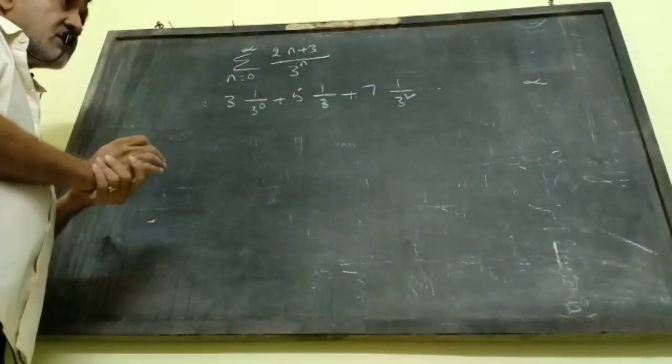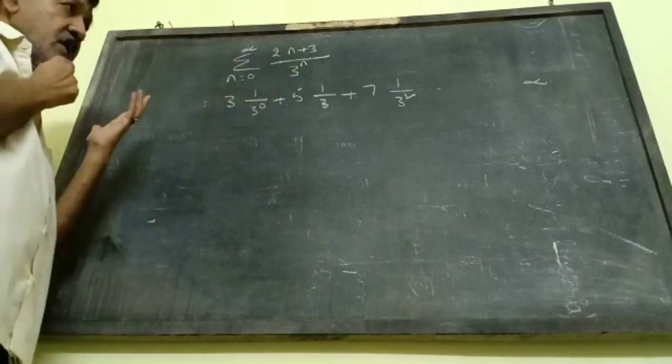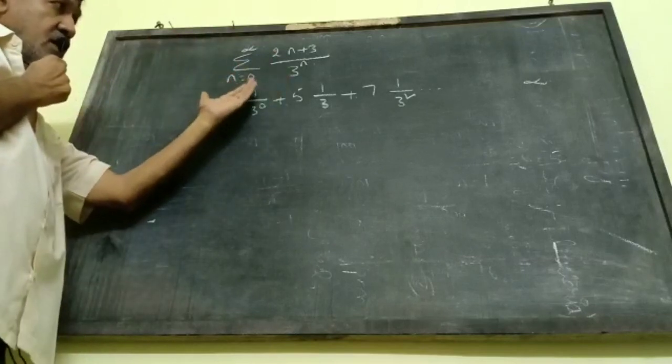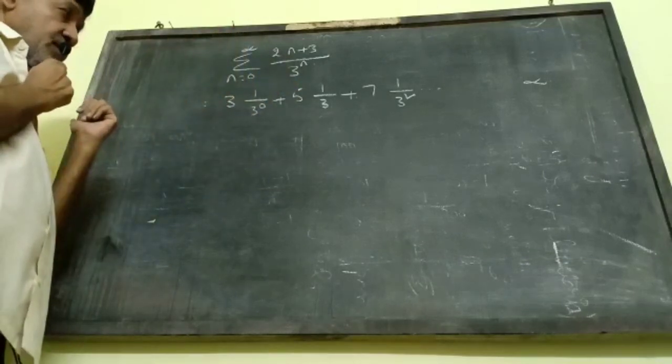It is an arithmetico-geometric progression. 3, 5, 7, they are all in what? AP. 1 by 3, 1 by 3 square, they are all in what? GP.